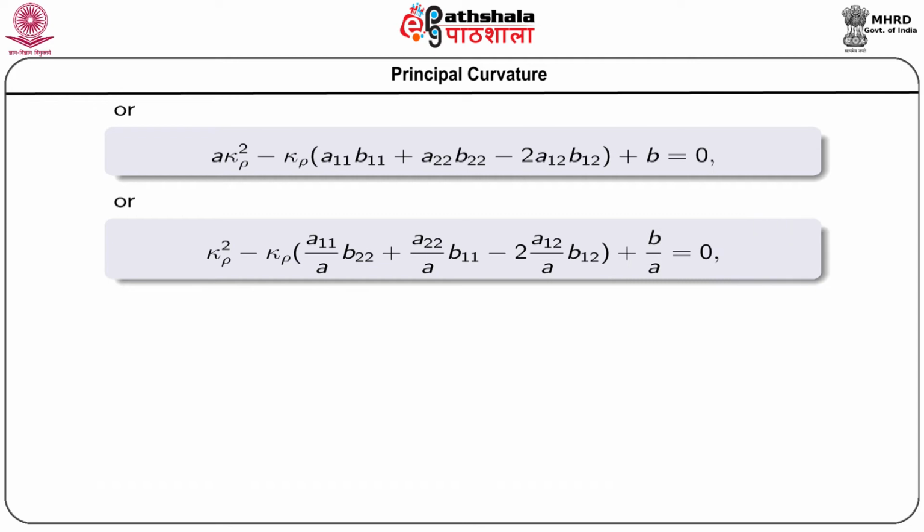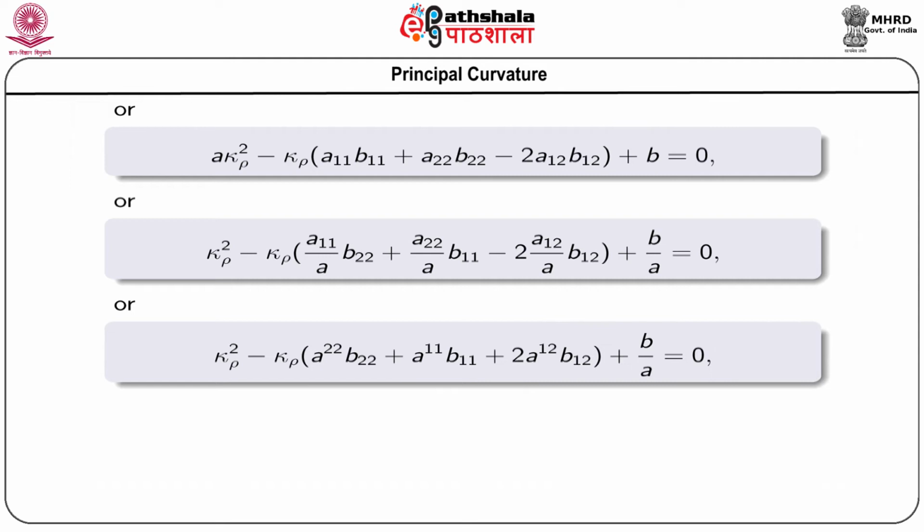Now, if I divide by a through all terms, provided a is not equal to 0, we get this relation: kappa rho square minus kappa rho (a11 by a b22 plus a22 by a b11 minus 2 a12 by a b12) plus b by a equals to 0.